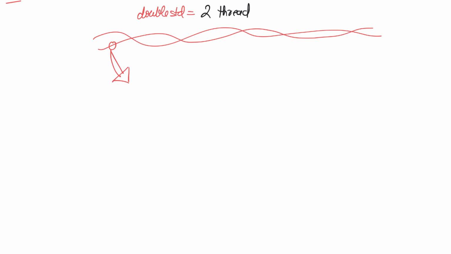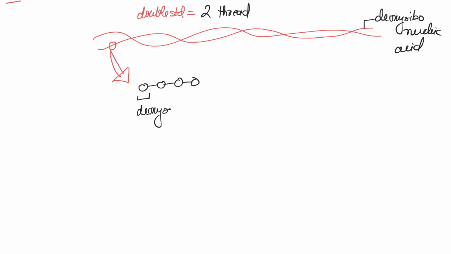Each of these threads is going to be composed of small units joined end to end. So this one thread is deoxyribonucleic acid, and this deoxyribonucleic acid is going to be made up of deoxyribonucleotides, right?